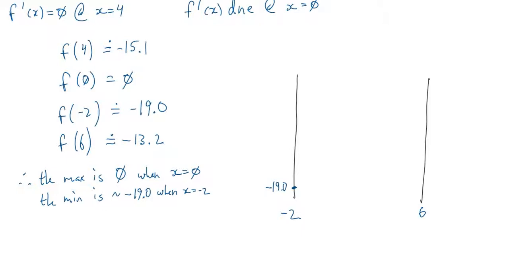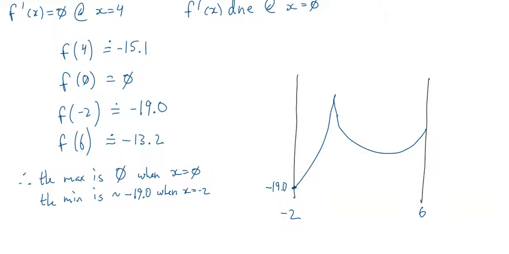Okay. Then I have a turning point at 4, because that's where the derivative was 0, a horizontal tangent line. And it goes up from there, because at 4, it's at negative 15.1, but then it goes back up to negative 13.2.